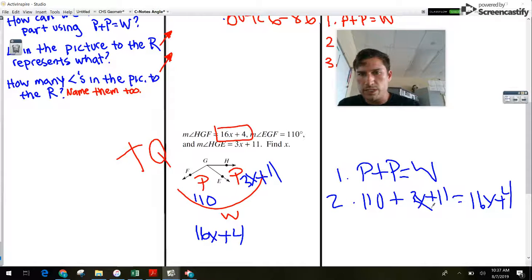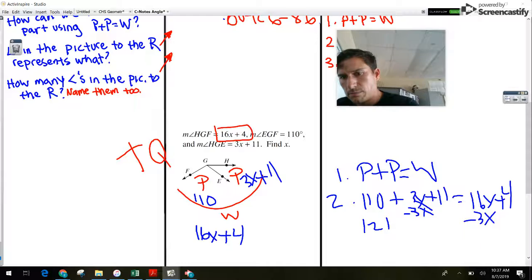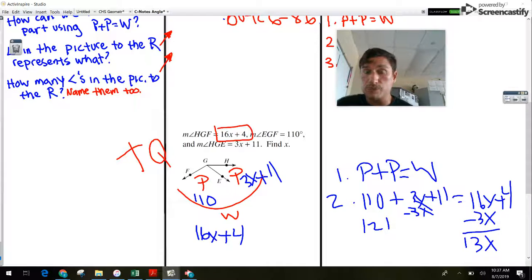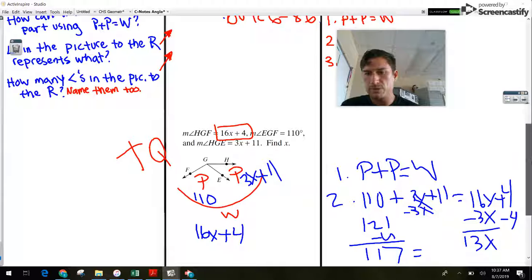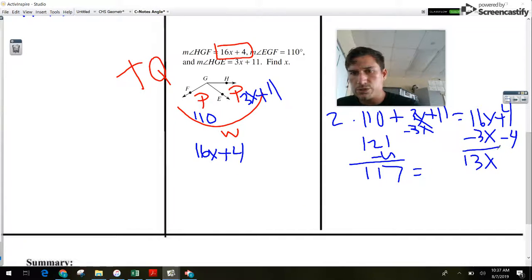So the first thing we do is combine like terms. We have 110 and 11, so that's 121. You always move the smaller variable term first. If you jump the equal sign, you always do the opposite. So that's minus 3x, and that's 13x. Those are our variable terms that we combined. Now we have the numeric terms. Jump the equal sign here: minus 4, minus 4. So 117 equals 13x.